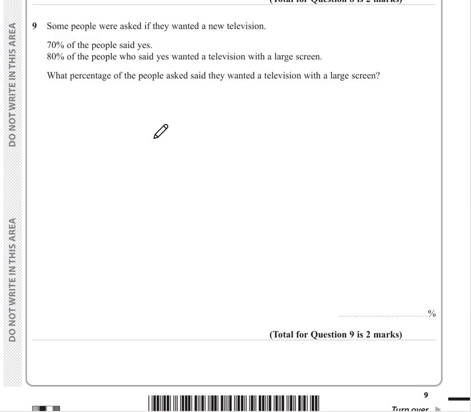Question 9. Some people were asked if they wanted a new television. 70% of the people said yes, and 80% of the people who said yes wanted a television with a large screen. What percentage of the people asked said they wanted a television with a large screen?